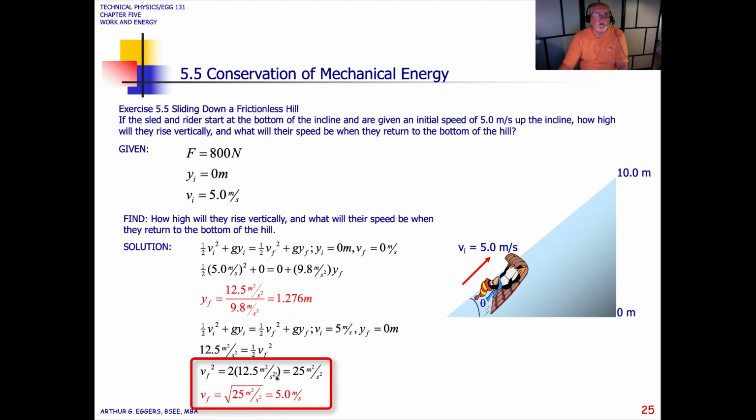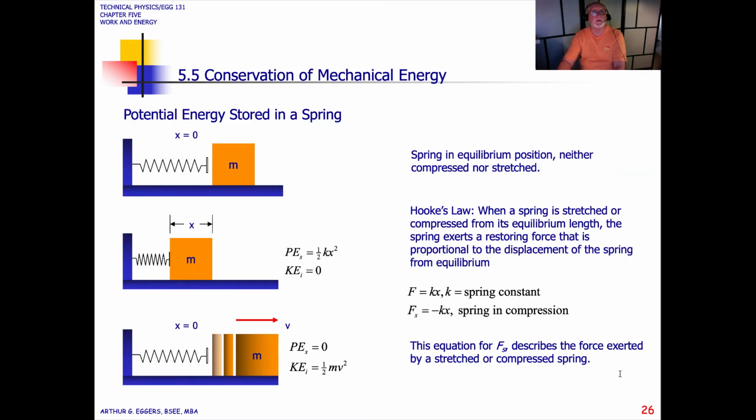We take the square root of that, we get 5 meters per second. So that'll be the speed of the sled when it returns to the bottom of the hill. So we're taking different aspects and different ways of looking at our problems here so that we can look at manipulating these relationships and figuring out when we can do cancellations, when we can do combinations.